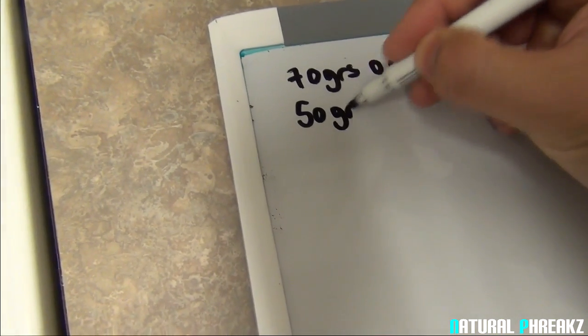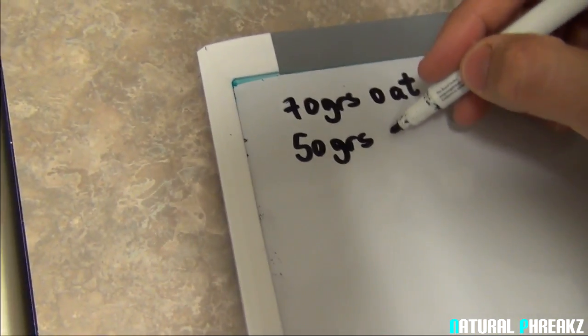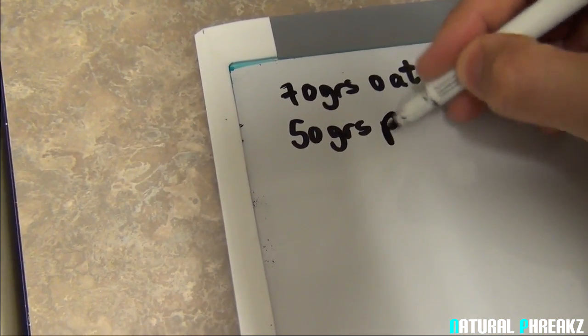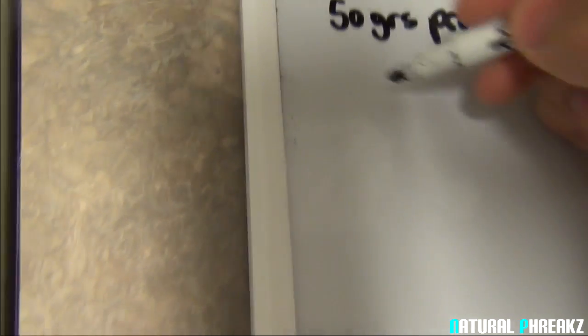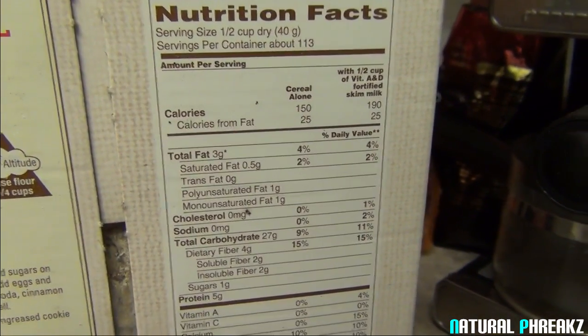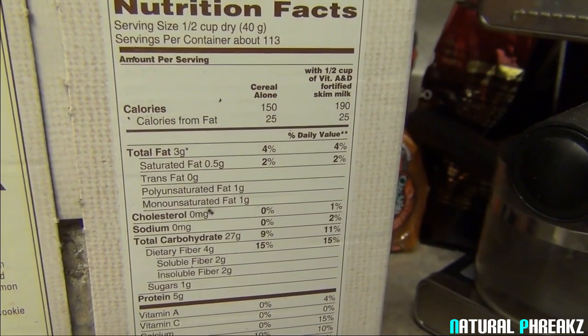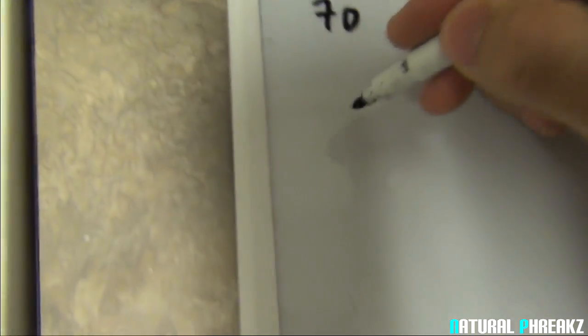So if you want to know how much protein, carbs and fat what you just ate contains, all you have to do is, for example, on the oats you just ate 70, right? So here, if you look at the serving, it says 40 grams contains 5 protein, 27 carbs, and 3 grams of fat. So let me write that down.